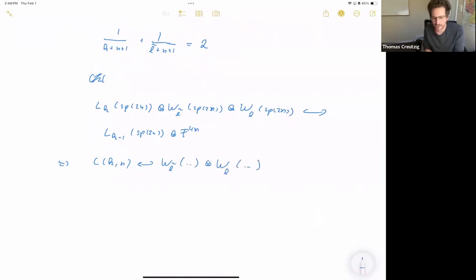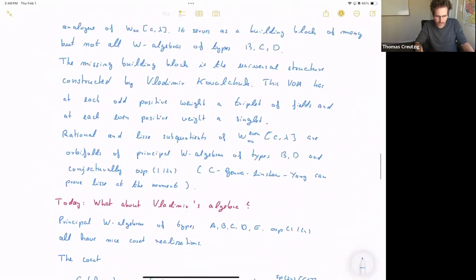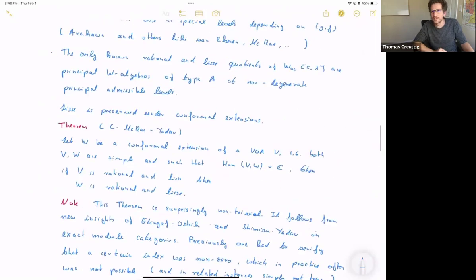Now one looks at these levels, so they are non-degenerate, principal or co-principal admissible, depending on what K was. In particular, Tomoyuki proved that they are rational. So this means this coset is an extension of a rational VOA. And now it also explains why I mentioned this theorem here in my note.